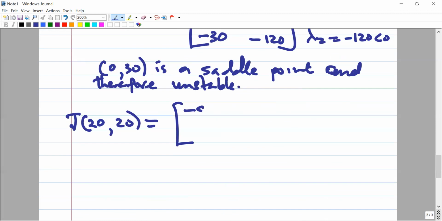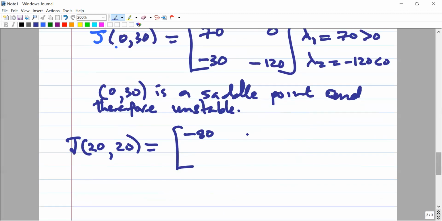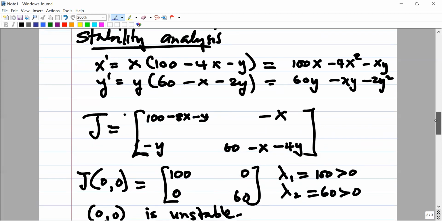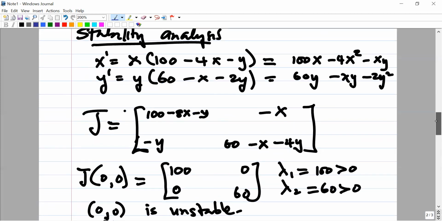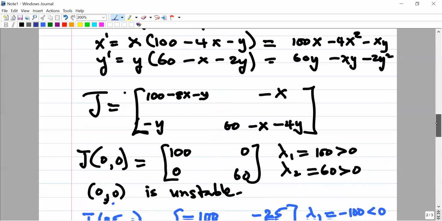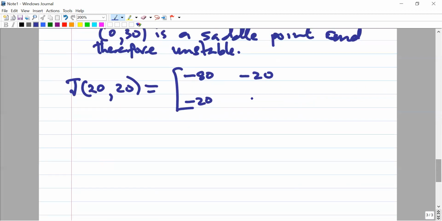I hope I'm calculating it the right way. Then I have minus 20 here and minus 20 here. Then I have 60 minus 20, that's 40, 40 minus 80, that's minus 40.